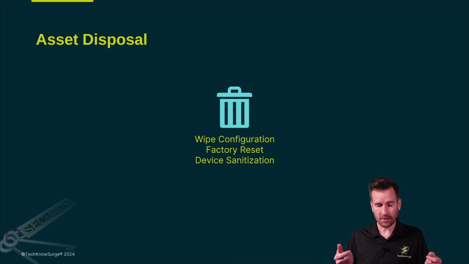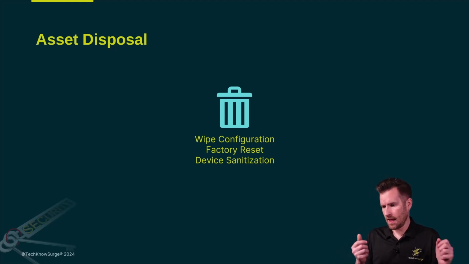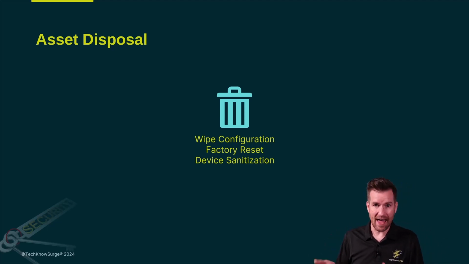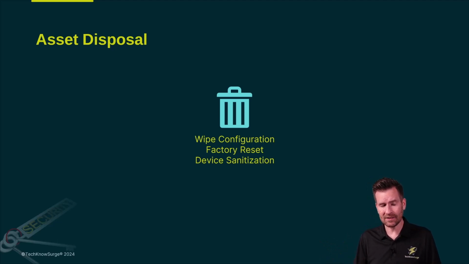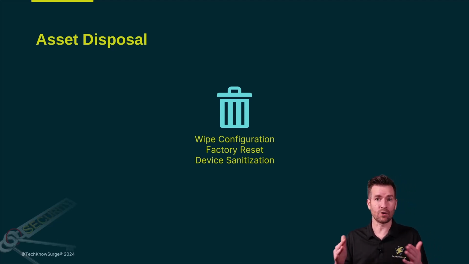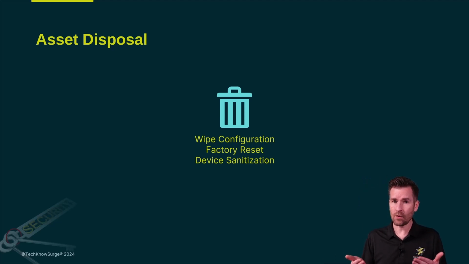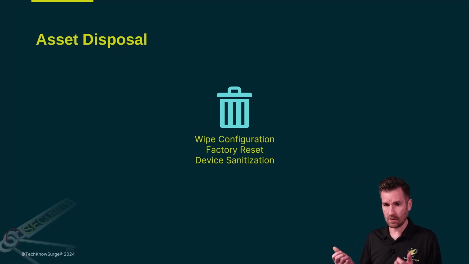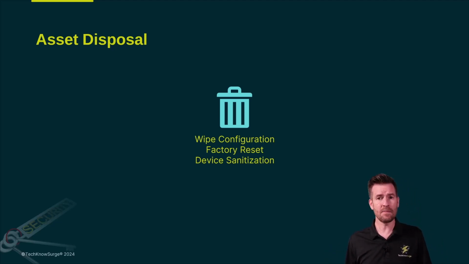As an example, if we just threw the firewall that we have into the recycling, somebody could go onto that firewall and start looking at its configurations and gaining information about your network and how to leverage vulnerabilities on your network. So before we threw something away, before we disposed of it, we want to make sure that we wipe any configurations off of it.